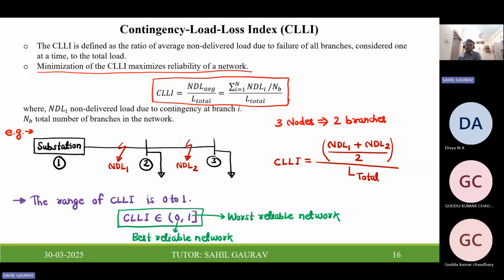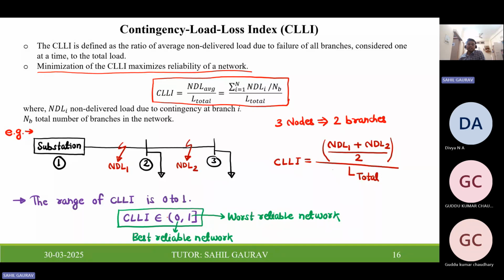When CLLI is 1, it means the worst reliable network, where all the loads are impacted by a contingency at any branch. In the best reliable case, even if a contingency happens at any branch, power supply to the load continues and the customer is not interrupted.